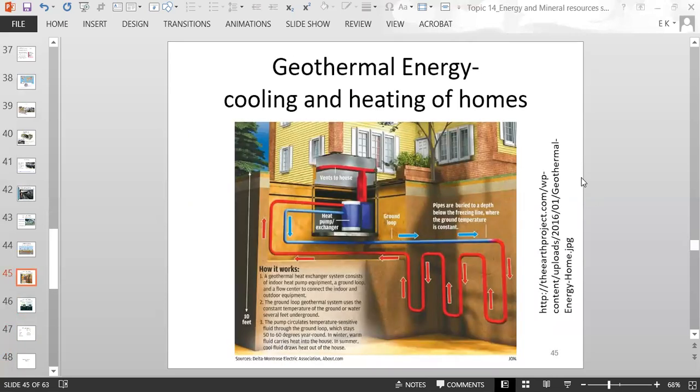Then we have the geothermal energy that's used for cooling and heating homes. So this is a little bit different. This is not a widespread way of cooling or heating homes. It's more common in the US for people to use oil or natural gas to heat their homes.